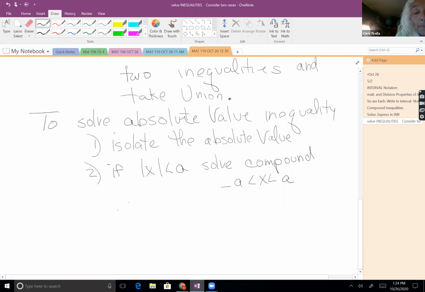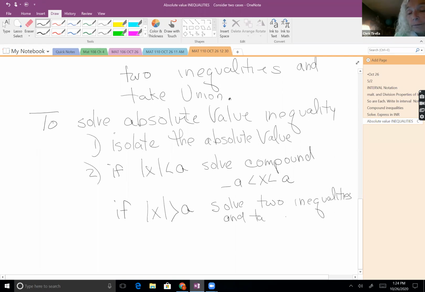Or if the absolute value is greater than a quantity, we have to solve the two inequalities and take the union. So we get that x can be greater than a, or x can be less than negative a.